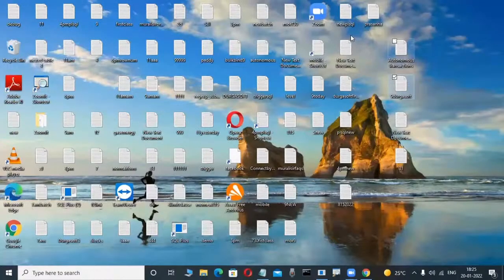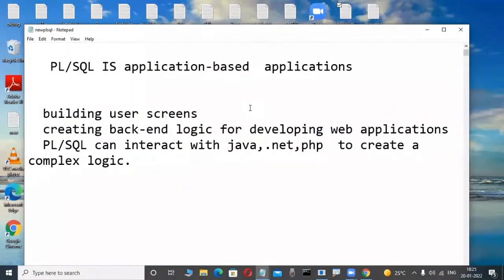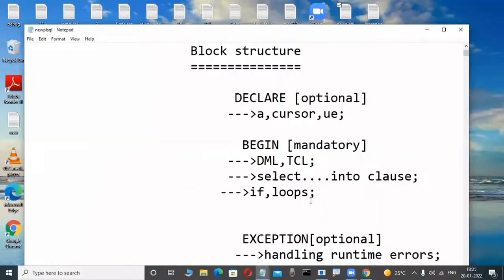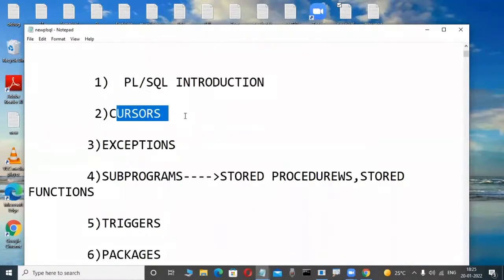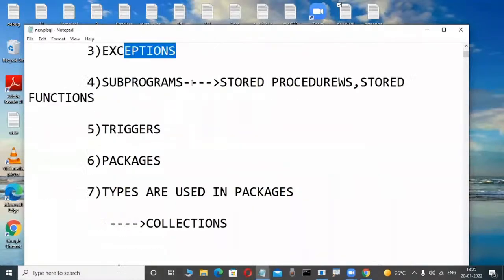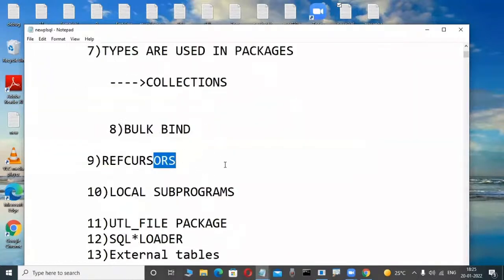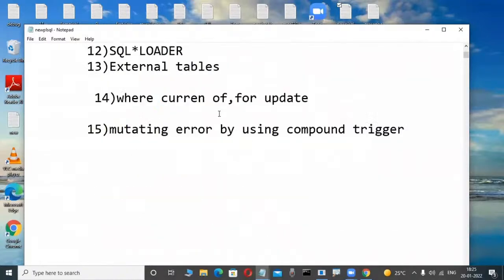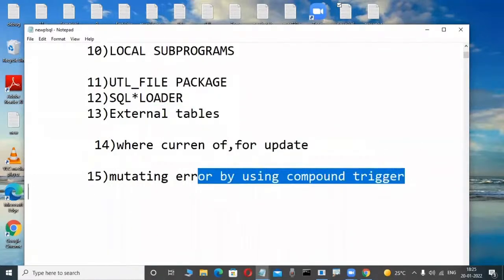Again, PLSQL means some little bit of coding is there. Don't be afraid. In PLSQL you write this type of little bit of coding. In PLSQL there are cursors, exceptions, stored procedures, stored functions, triggers, packages, types, collections, bulk bind, ref cursors, local subprograms, UTL file packages, SQL loader, external tables, so many things like this.